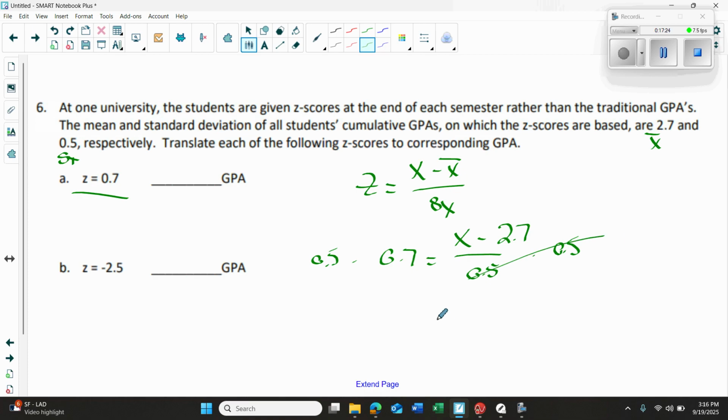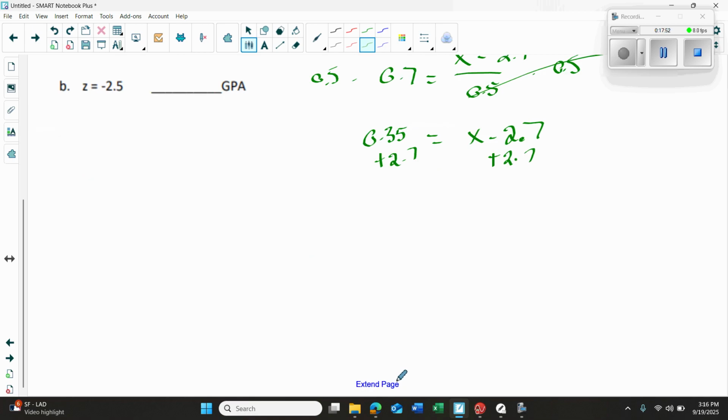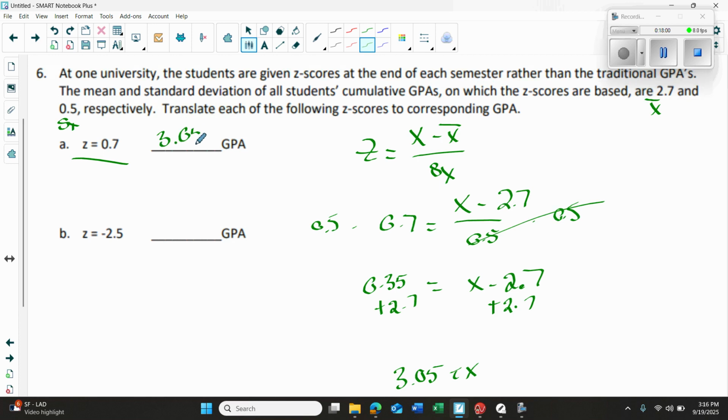It cancels, and we're left with X minus 2.7 equals 0.5 times 0.7, which is 0.35. Now we add 2.7 to both sides, and we get 3.05. I'm sorry, the GPA is 3.05.